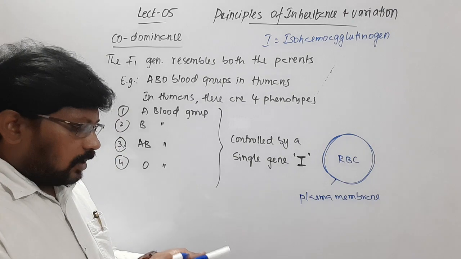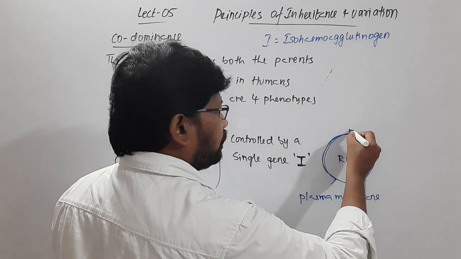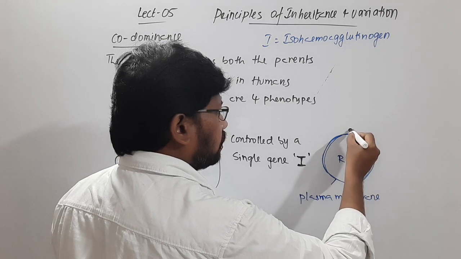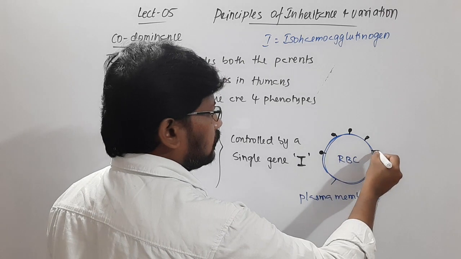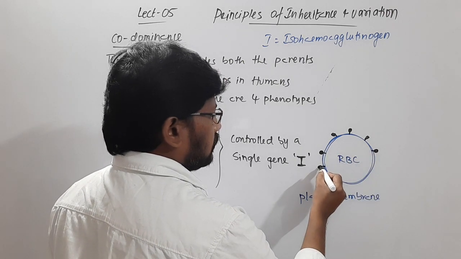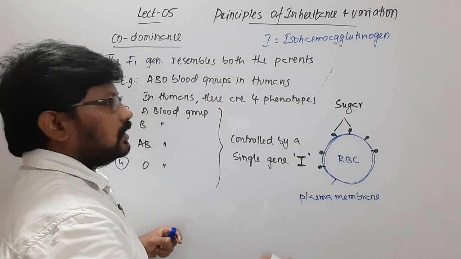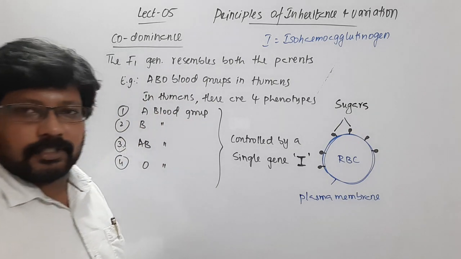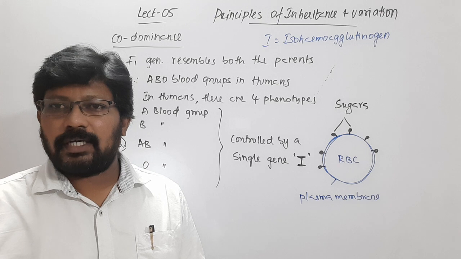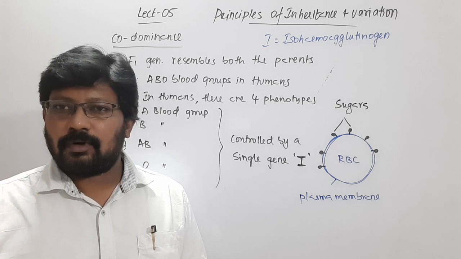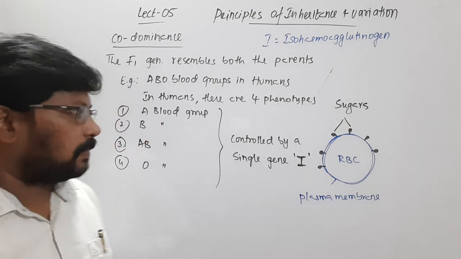Protruding on the plasma membrane, we find some special type of structures, and these are called sugars. So these are a type of sugars. Now depending on the type of sugar, we are going to classify whether it is A blood group, B blood group, AB blood group, or O blood group, right?